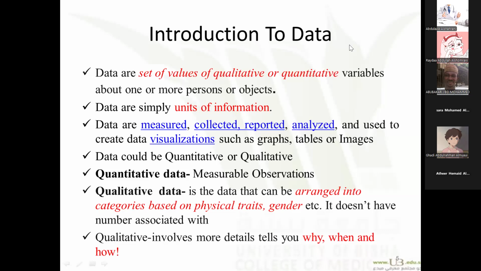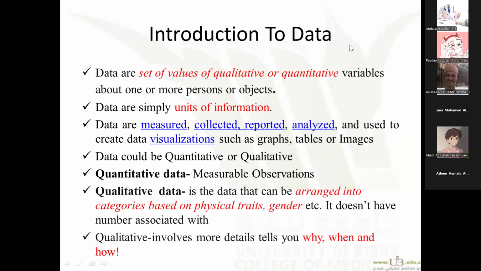For example, when you want to take data about gender, it is qualitative data. You cannot measure gender. You can only segregate the two genders, male and female, and many times they are mutually exclusive. So the only thing you can do is allocate a number to differentiate male from female. That's qualitative data.